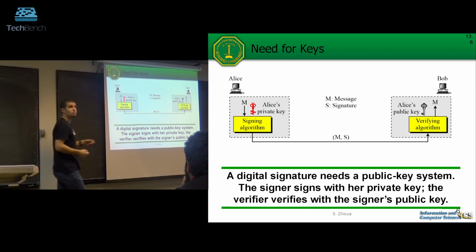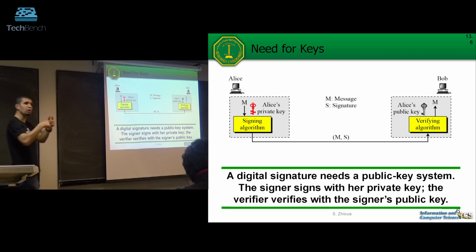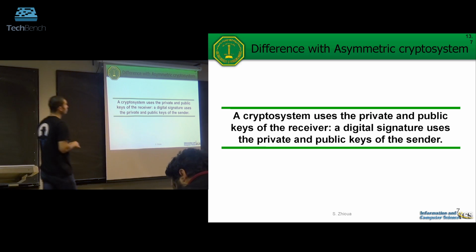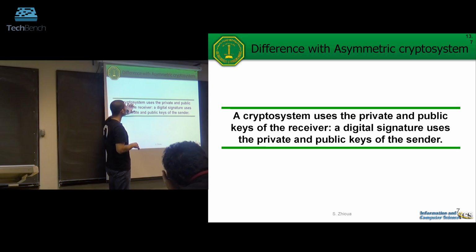Why don't we just? I'll come to that. So a crypto system here means using asymmetric cryptography for encryption to get confidentiality. A crypto system uses the private key and public key of the receiver.